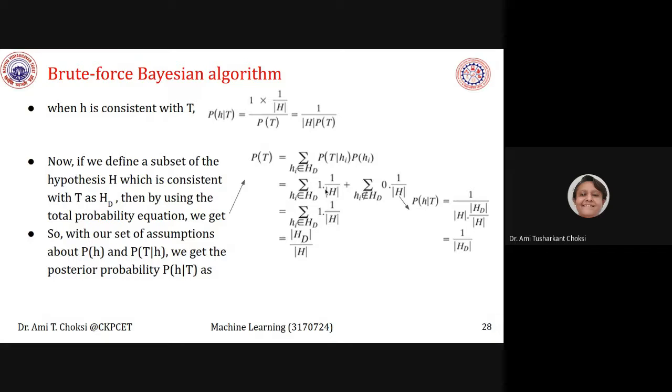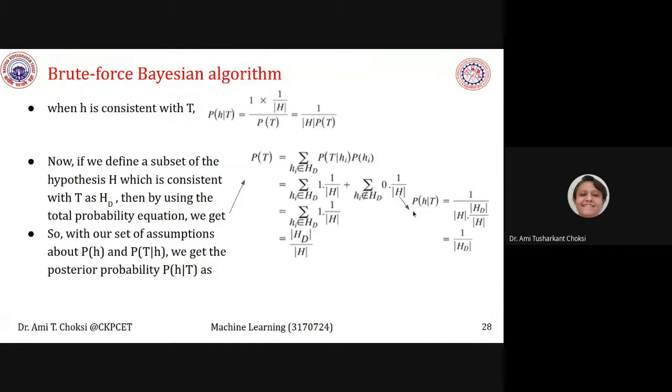We put the value 1 into 1 upon |H|, plus sigma over Hi not belonging to HD, 0 into 1 upon |H|. Right? This is what we have already calculated before. So we get 1 into 1 upon |H|, because the second term becomes 0, and that is equal to |HD| upon |H|, right?